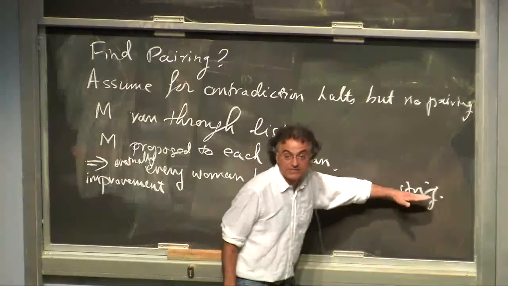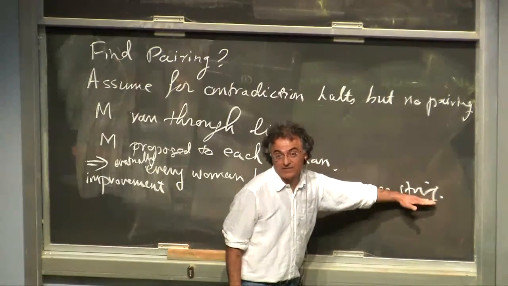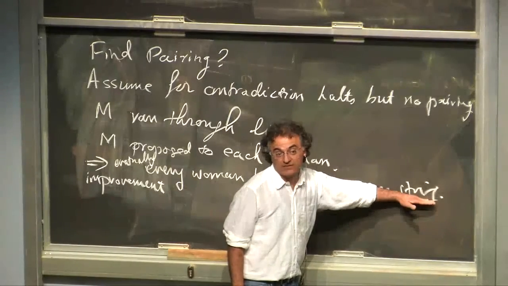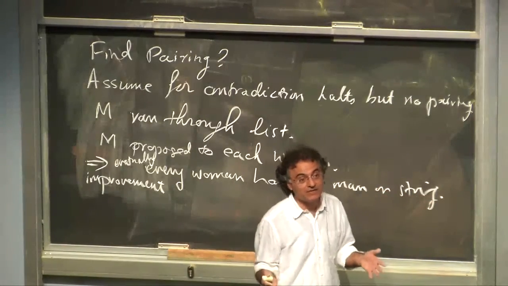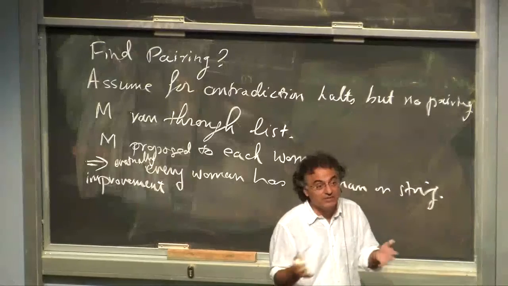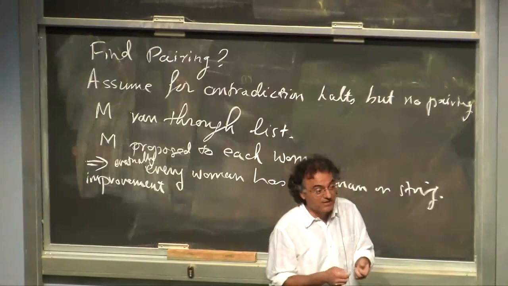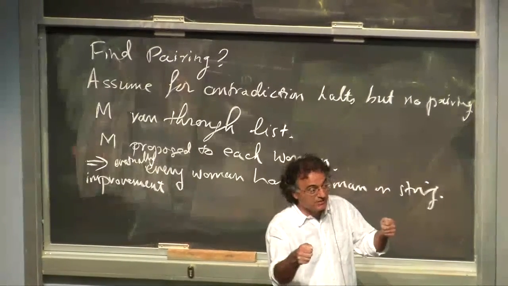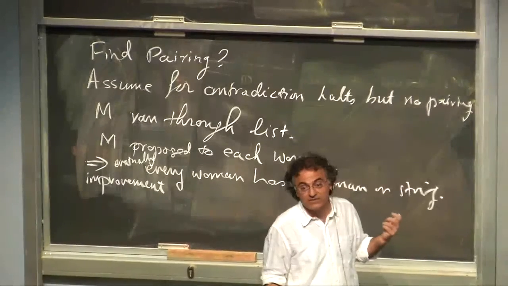But none of them has this man on the string. So there are only n minus 1 other men, and there are n women. How could there be n distinct men on the string without this guy? Contradiction.